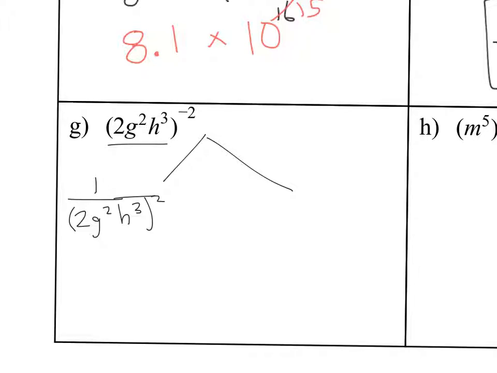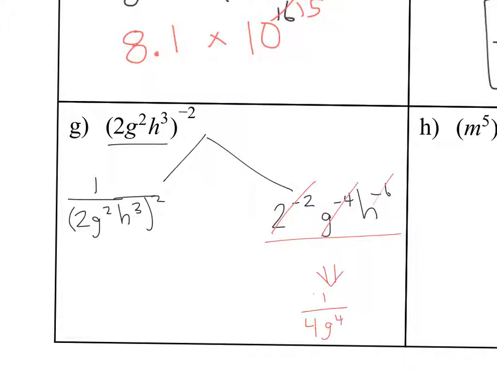Or you can distribute it, so it's going to be 2 to the negative 2, g to the negative 4, h to the negative 6, and then make it all positive exponents, so it's going to be 1 over 4, because that's 2 squared, g to the 4th, h to the 6th, all in the denominator. So that's my final answer. If I would have kept going right here, I would get 1 over 2 squared, which is 4, g to the 4th, h to the 6th. So same answer. You could make this go to the denominator first, or you could distribute, it doesn't matter.